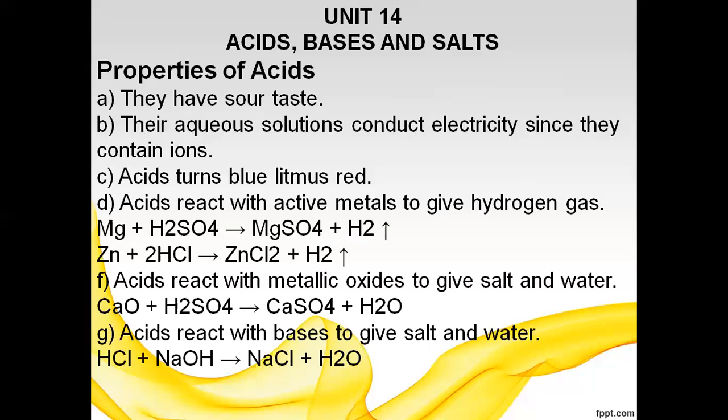The next topic is the classification of acids. Acids are classified in different ways. First, based on their sources: organic acid and inorganic acid. Next, based on basicity: monobasic acid, dibasic acid, and tribasic acid.